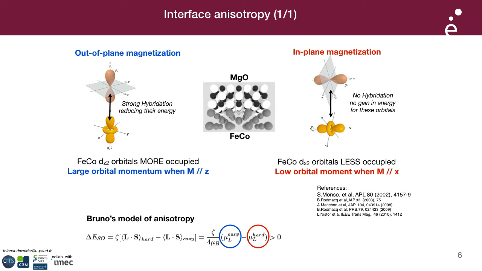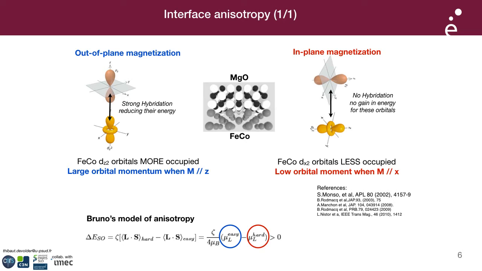And these types of orbitals carry the angular momentum. If in contrast you look at the orbitals that are in the plane of the iron-cobalt layer and in the plane of MgO, you see that because of the shape of these orbitals, there's not much hybridization, so there's no gain of energy for these orbitals, and they will be effectively less occupied.